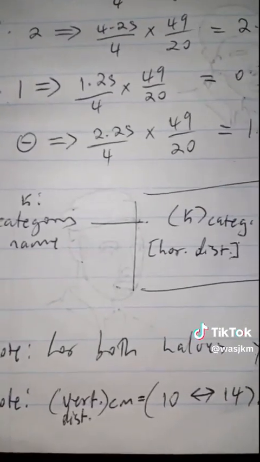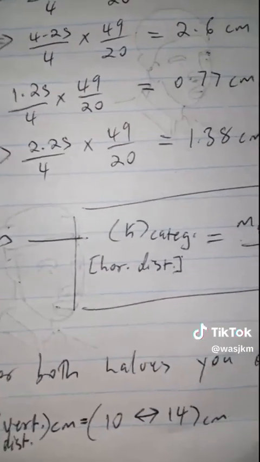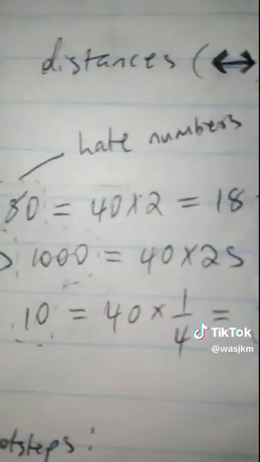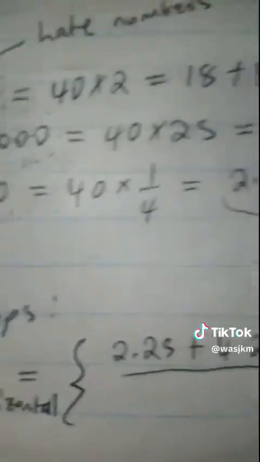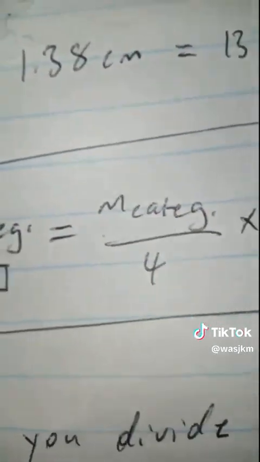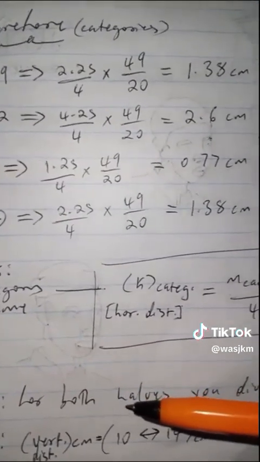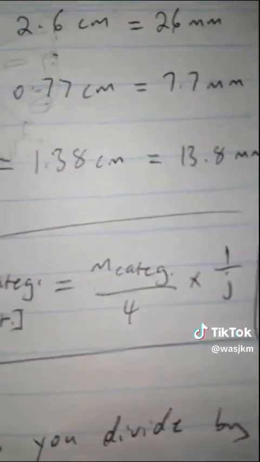So this was just for 1/2 of the board. And for the full board, you can divide by 2 instead of 4.